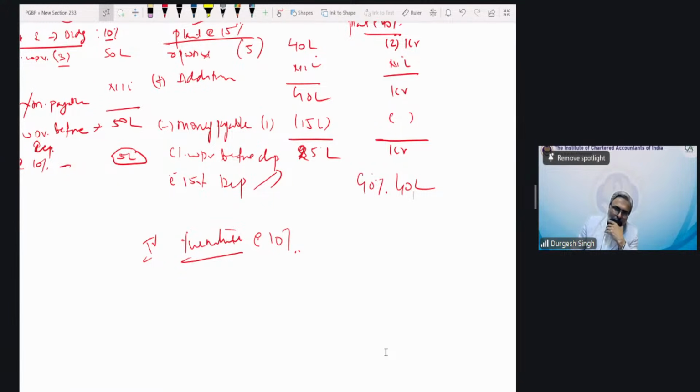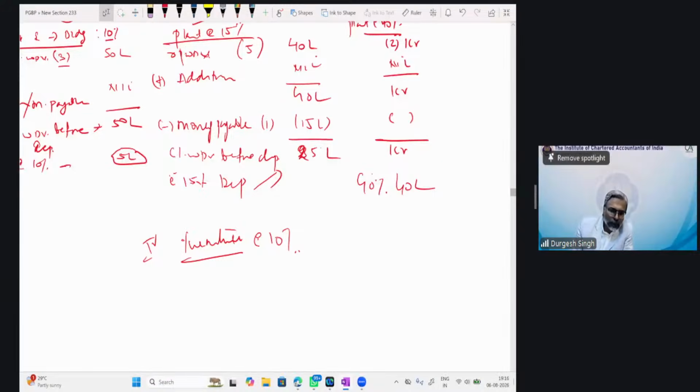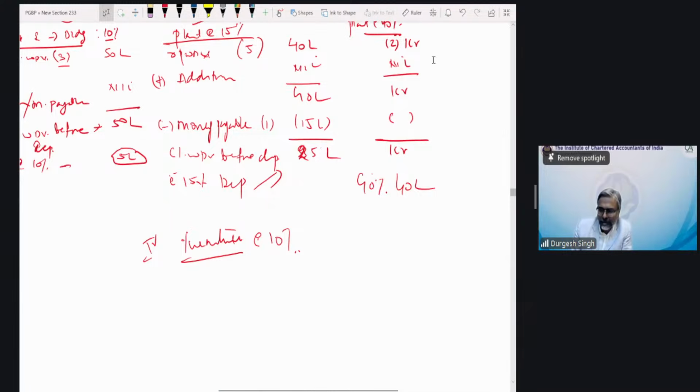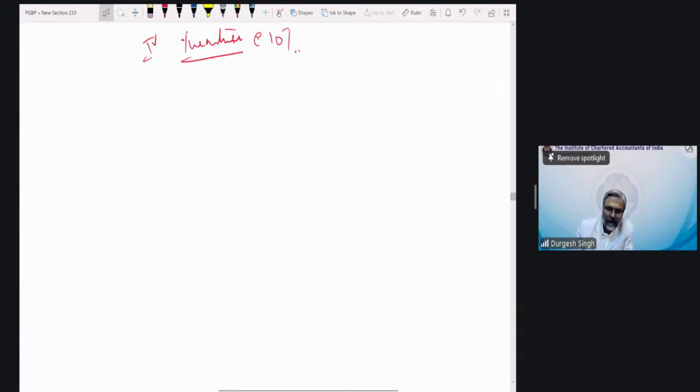Full stop. Next line: the computation of total income for A Limited will be as follows.